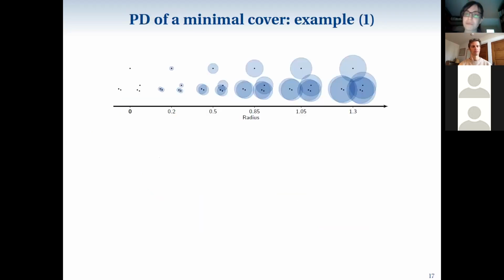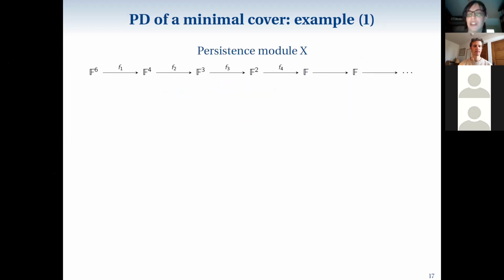I wanted to show you how we can recover some information that we are familiar with also with this new method. So here, let's take the Vietoris filtration of 6 points, and this time the balls are actually balls. I can consider the parametrized persistence module H0.